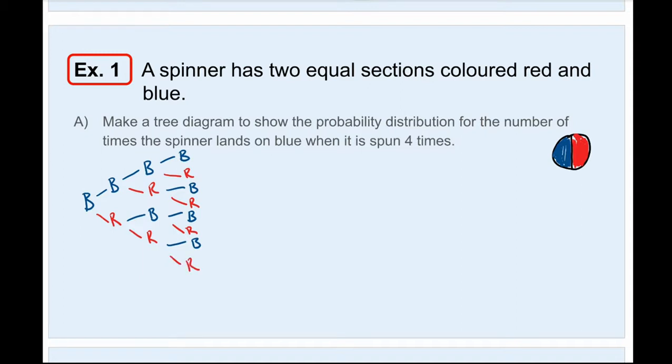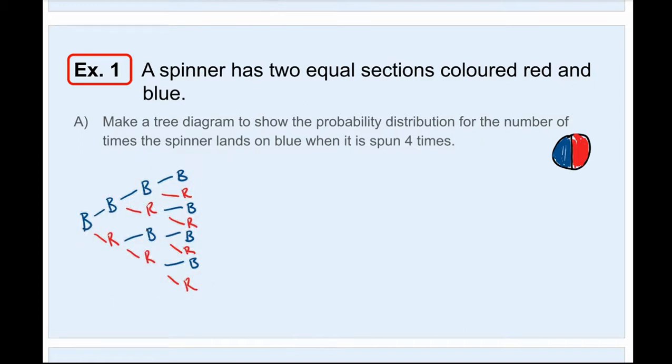So that's one scenario looking at blue first. Red would be the exact same thing. Spin red first, and we get either blue or red.